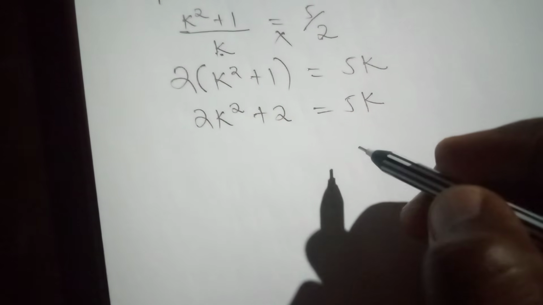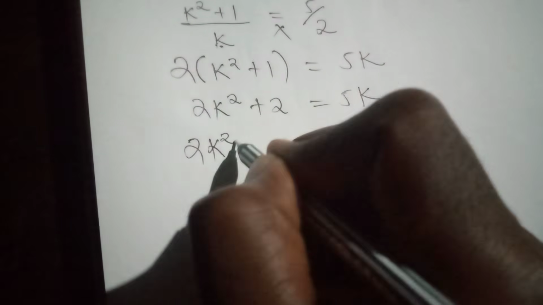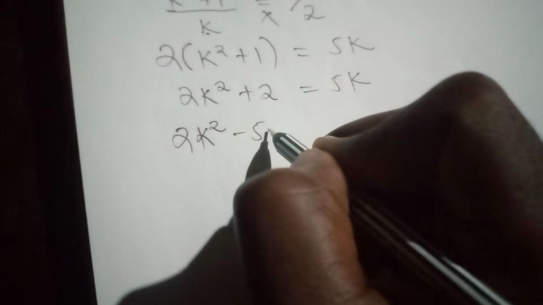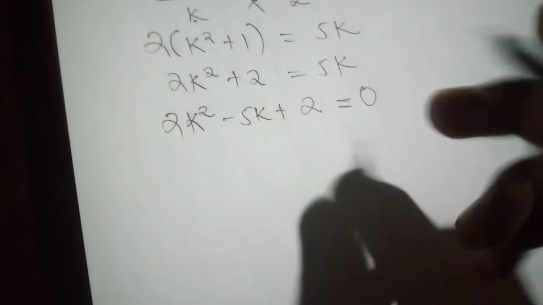So from there, you have seen that it has now become a quadratic. You just arrange it according to the quadratic expression, that is 2k² minus 5k plus 2 equals 0.